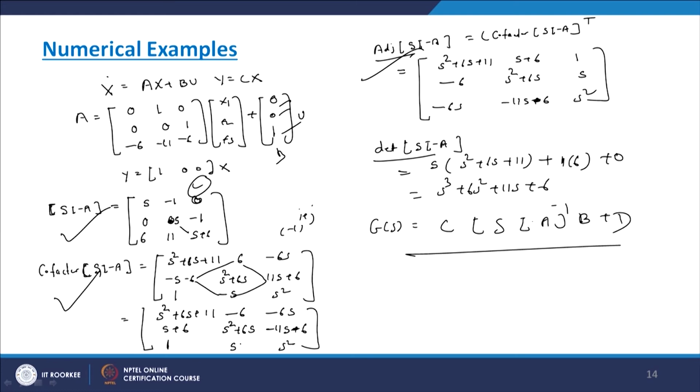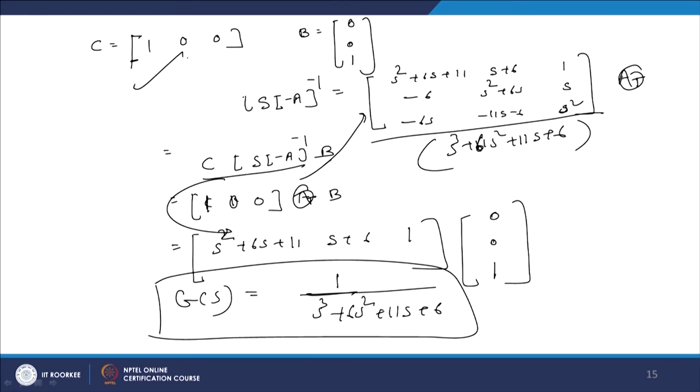After that, we multiplied this sI minus A inverse by C and B. So, C is 1 0 0, B is like this, and after multiplication of all these C and B, we have got G(s) equals 1 upon s cube plus 6s square plus 11s plus 6. So, this is the example which shows that we can convert the given state space model into a transfer function.